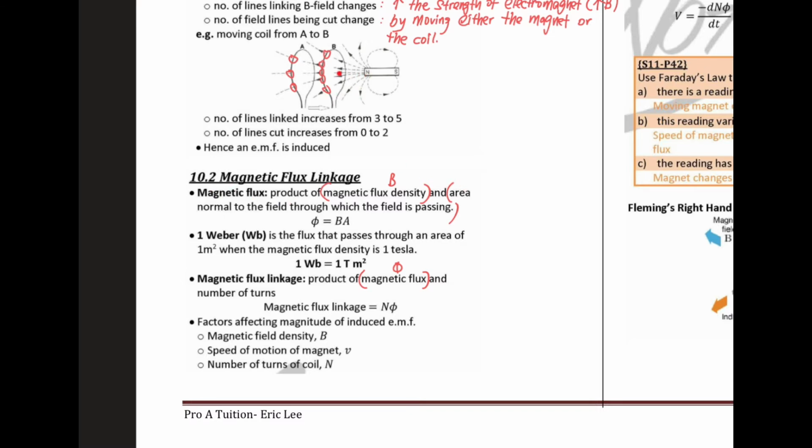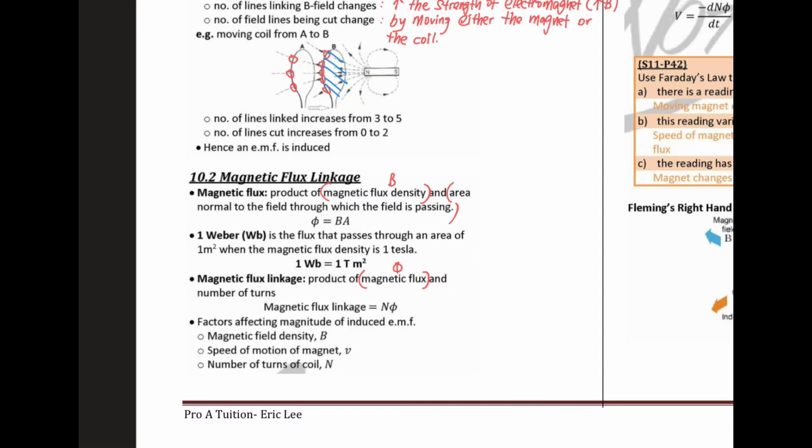You know the field is horizontal, going out like that. Area normal to the field is hence the area over here. The area normal to the field is that area. So we have to take the area inside the coil as the area that is normal to the field.